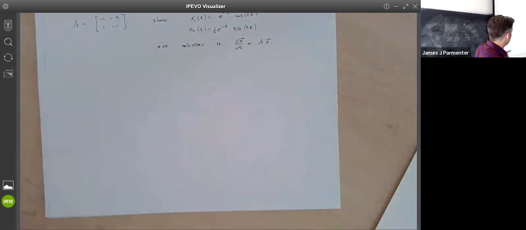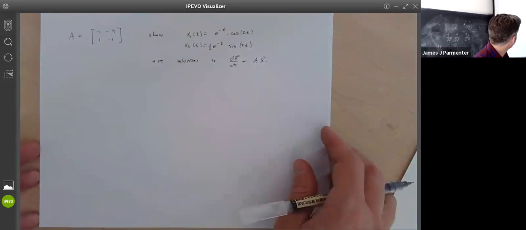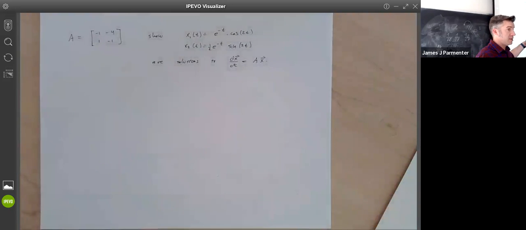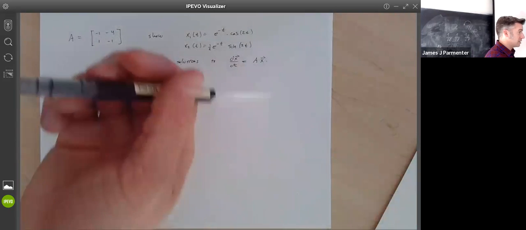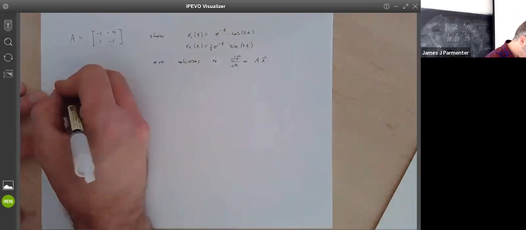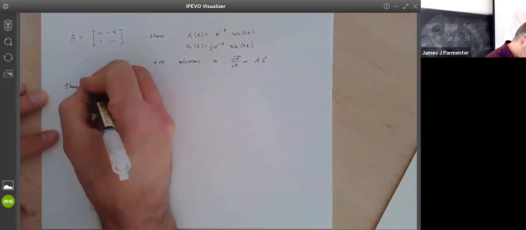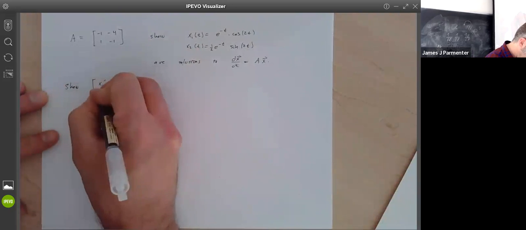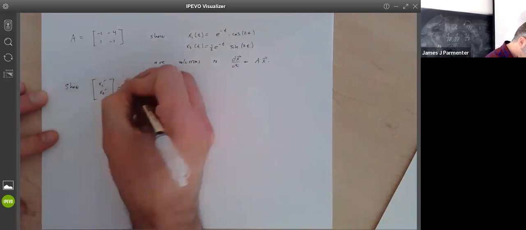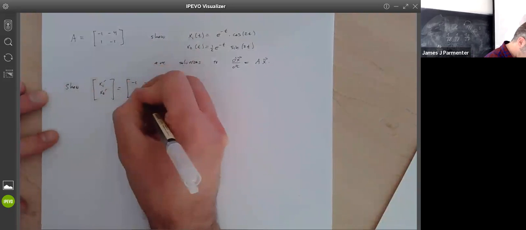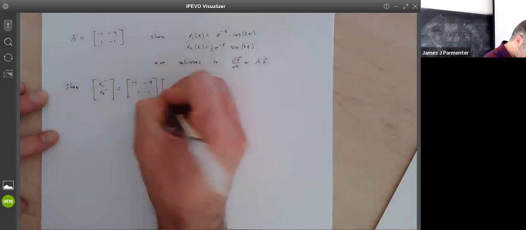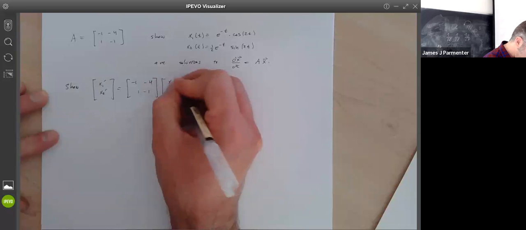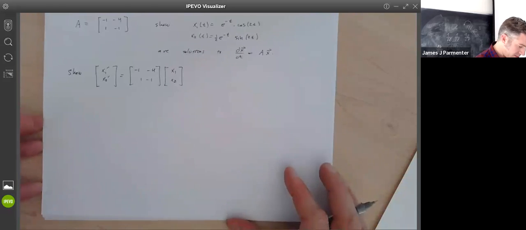And the point of me going through this exercise is that they're not asking you to solve the system, right? They're just asking you to show that the solution is a solution. So we're just going to show that x1 prime, x2 prime is equal to -1, -4, 1, -1 times x1, x2.